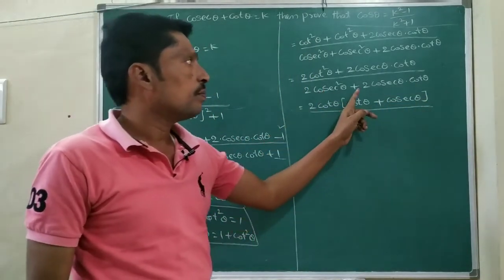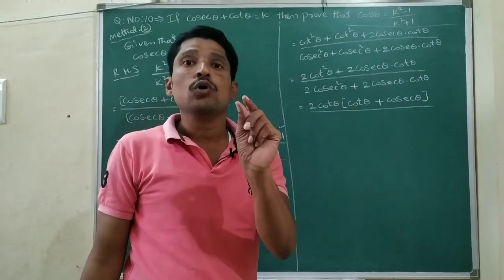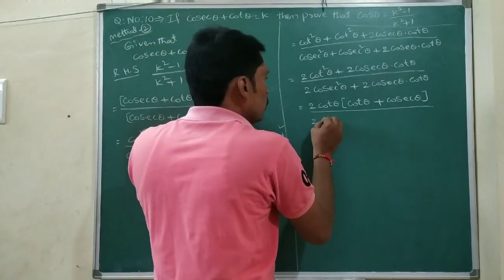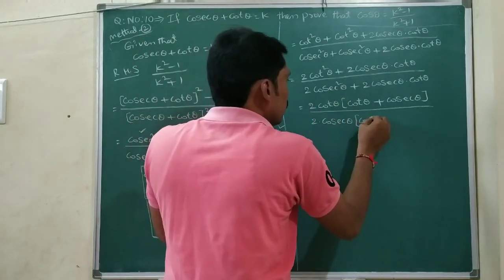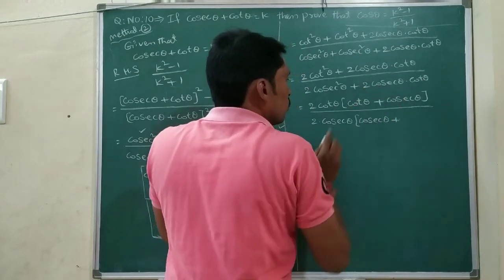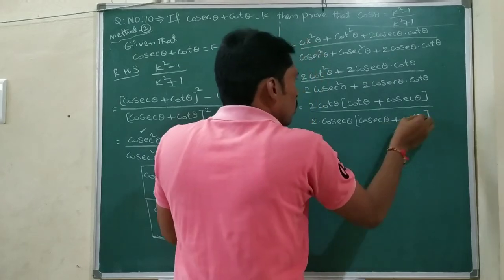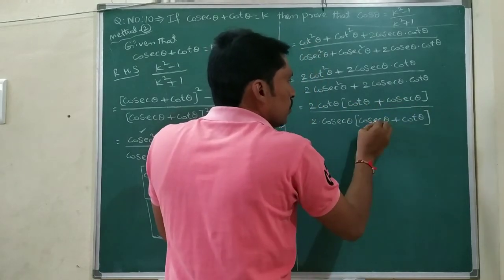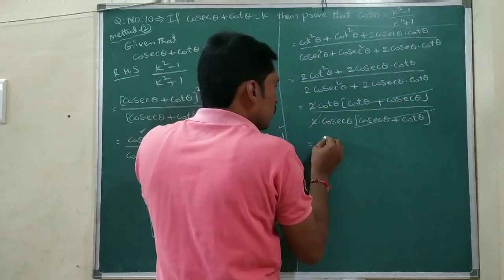Here 2 cosec square theta plus 2 cosec theta cot theta, we can take 2 cosec theta common. So 2 cosec theta I took common, here remained cosec theta plus cot theta. So cot theta plus cosec theta, cot theta plus cosec theta get cancelled. 2 and 2 also get cancelled.